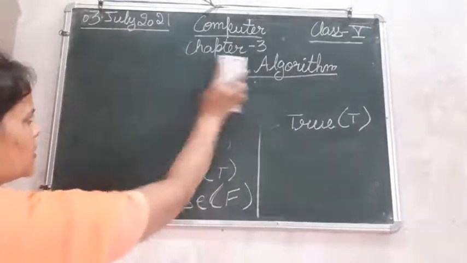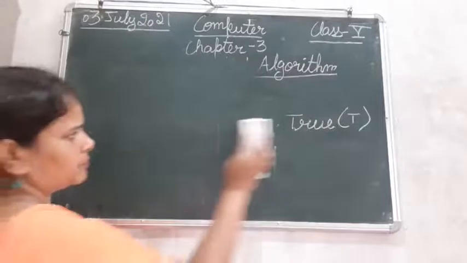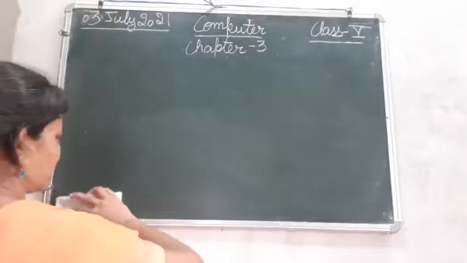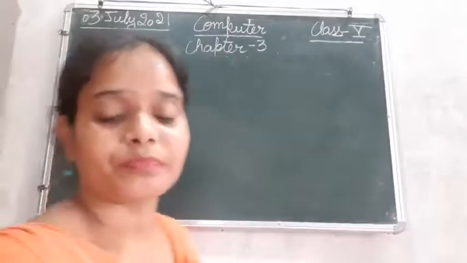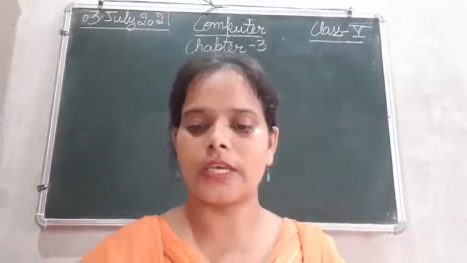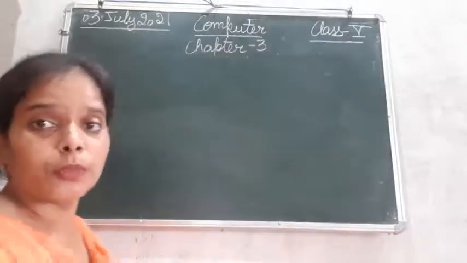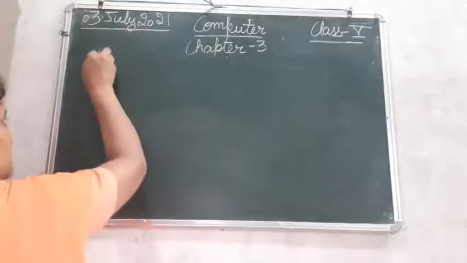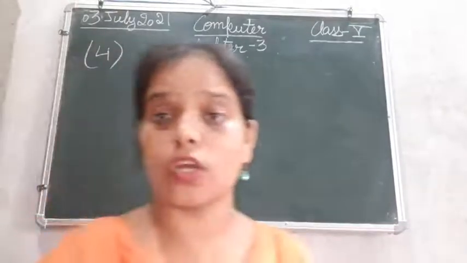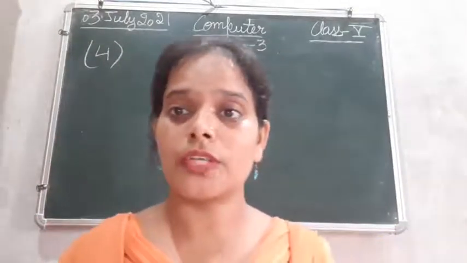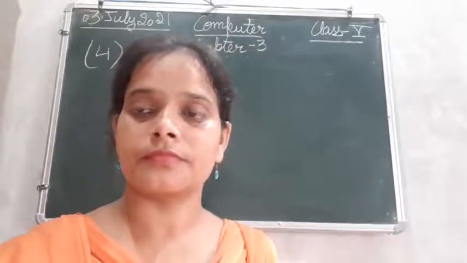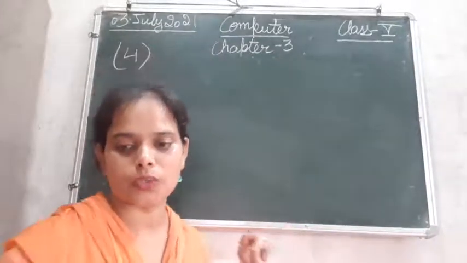Okay, so now I'm going to erase the chapter name so that we can get proper space for writing the name and uses of these symbols. So fourth है, this is the fourth part from our back exercise. हमें क्या mention करना, name the following flow chart symbols. So let's do it.